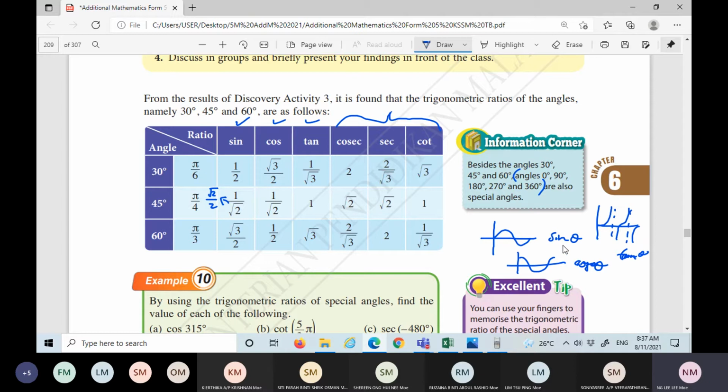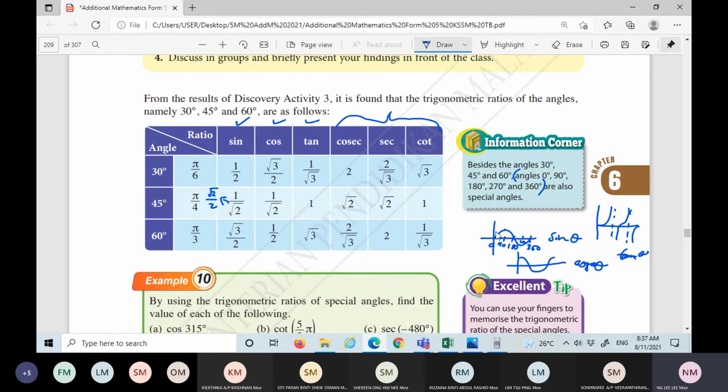What's the meaning of this? I use sine as an example. You know, one full cycle is 360 degrees. So in the middle, 180 degrees. So here is 0 degrees. In between 0 to 180, this is 90 degrees. And in between 180 to 360, this is 270. So for sine, sine 0 is 0.